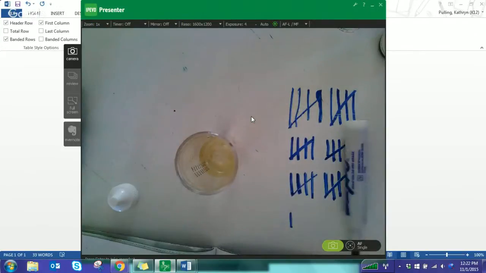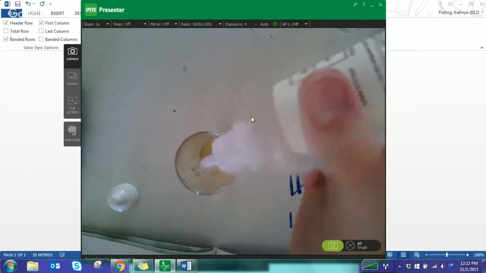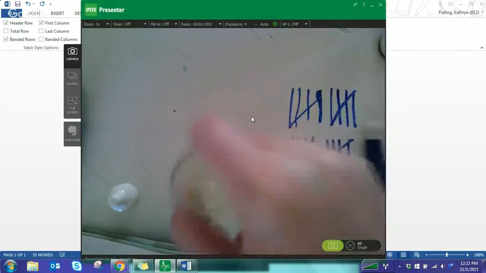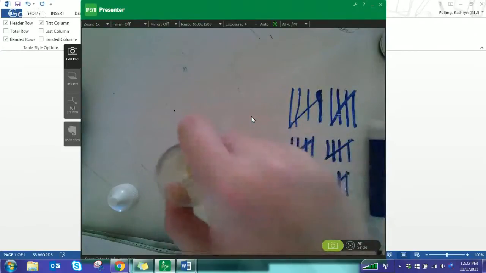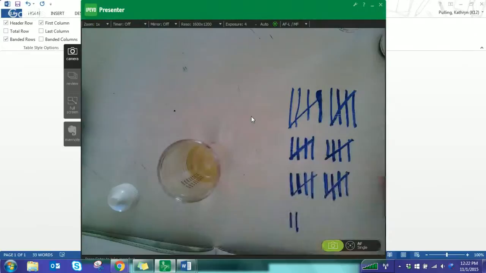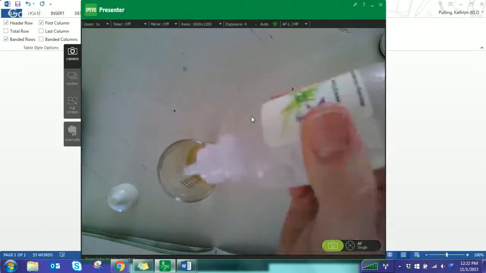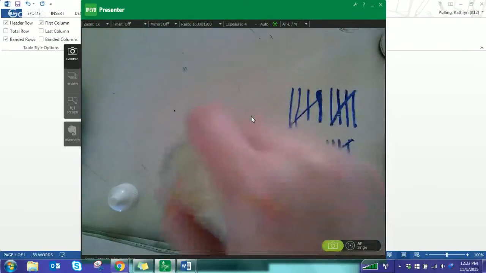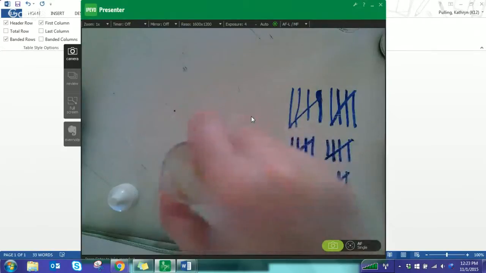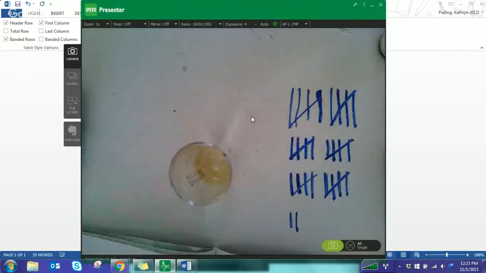One. 2. If it doesn't go red now, I'm going to test my pH, and if it's a lot lower, then I know at 28 it was actually when we experienced the color change. So there's 33. Let's see what pH we have.